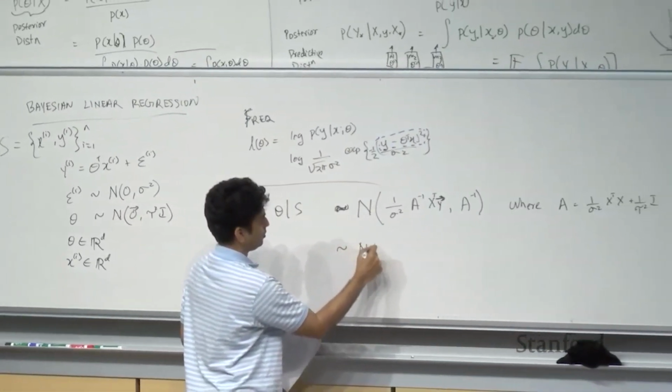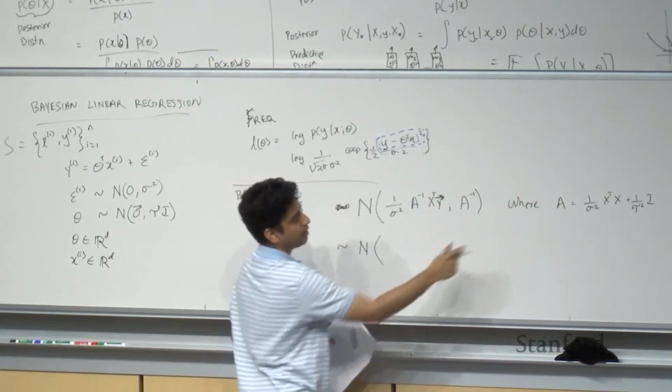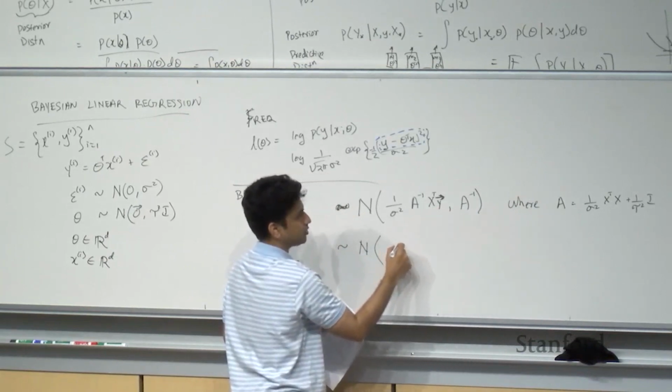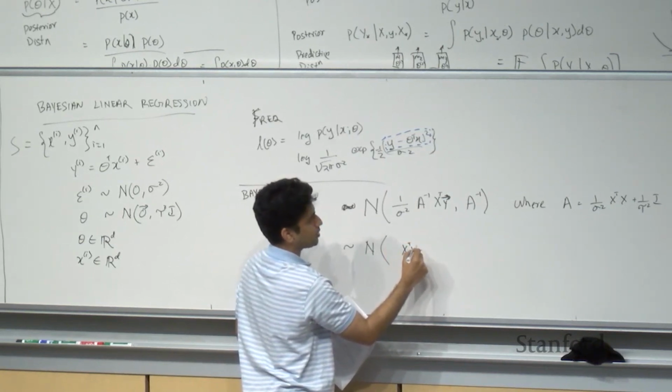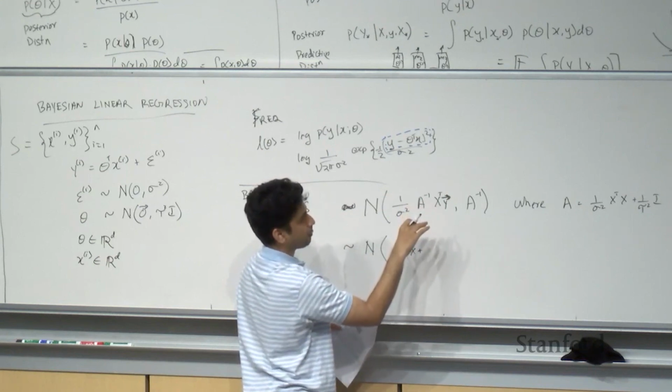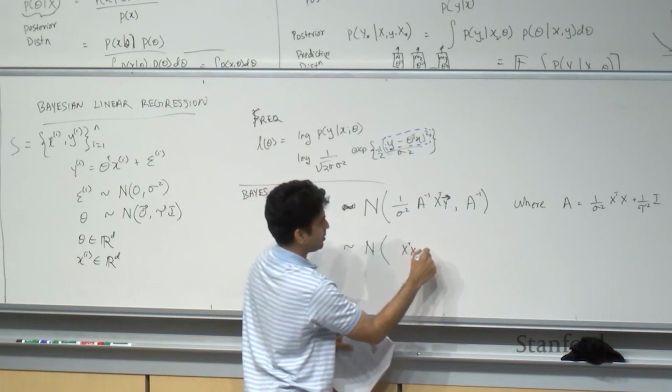So, if I bring in A over here, this is going to be x transpose x plus, because it has an inverse, x transpose x plus sigma square over tau square I, inverse.